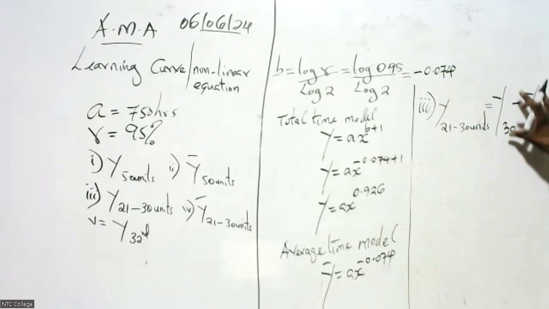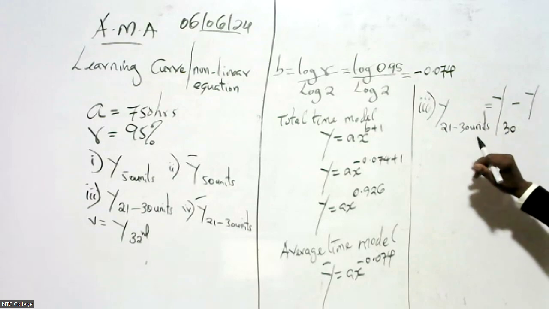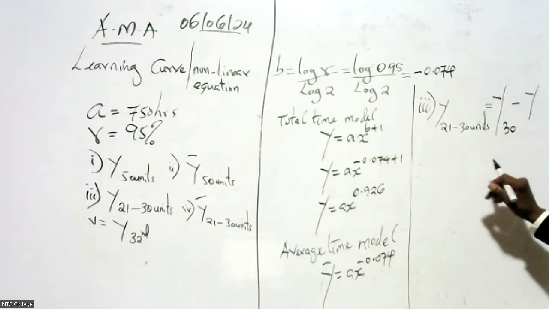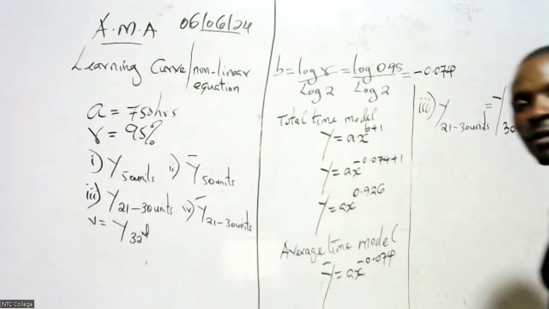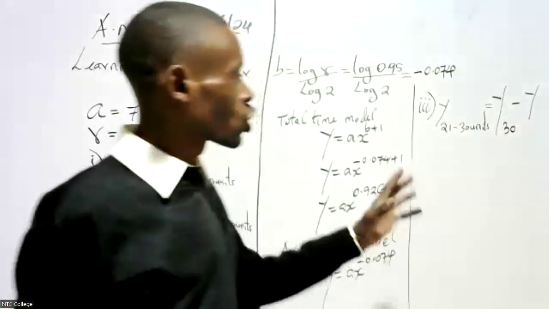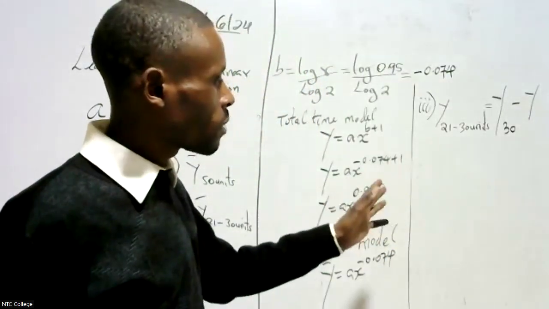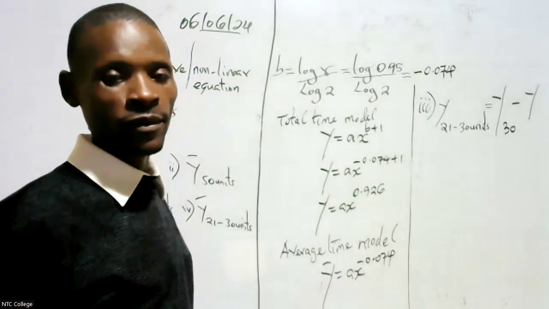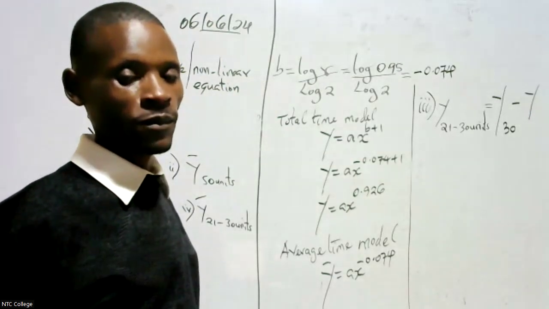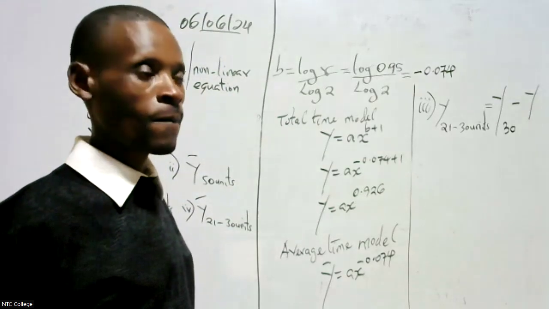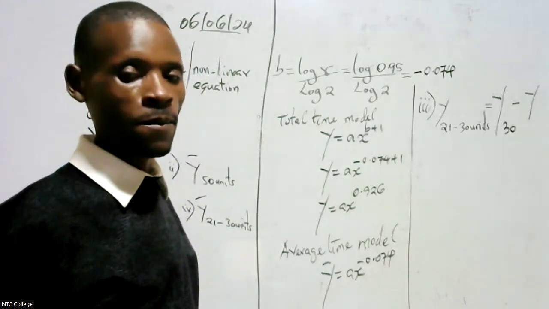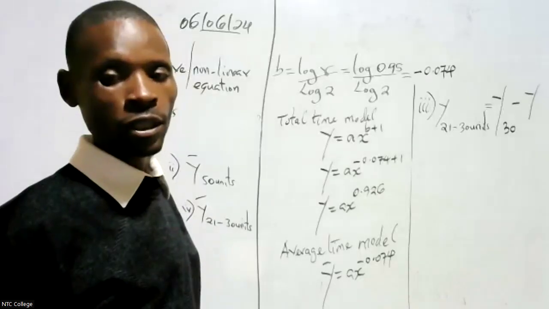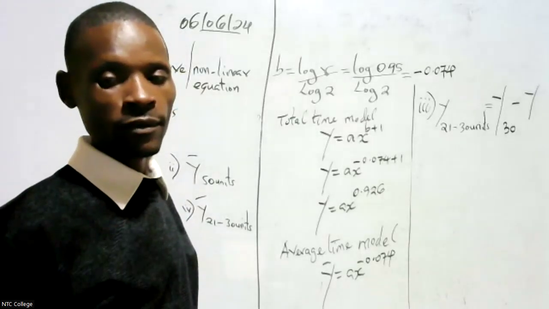First of all, you take the total time to produce 30 units. Then you less the time to produce a certain number of units, so that I can get 21 to 30. Try. Members, try.